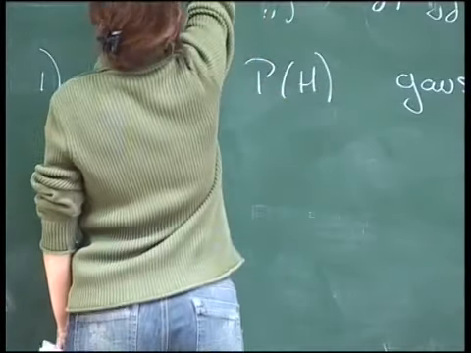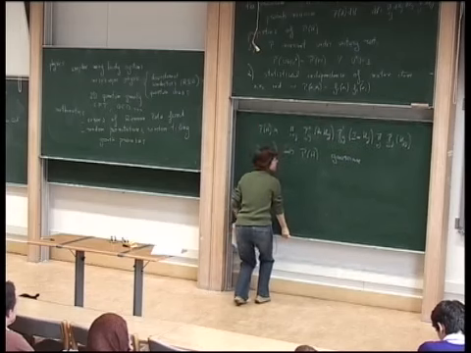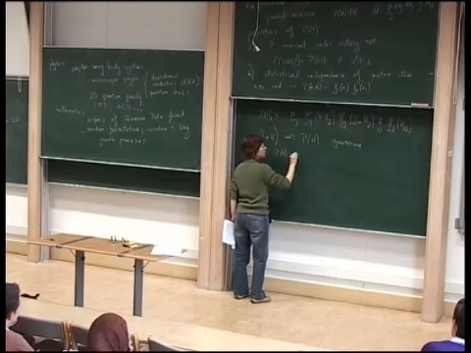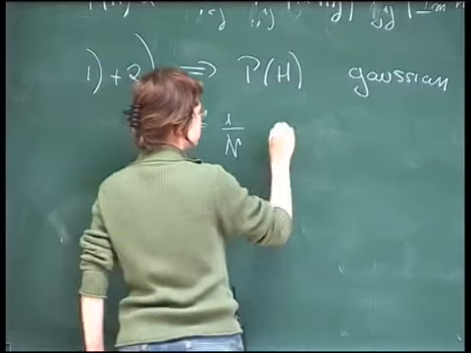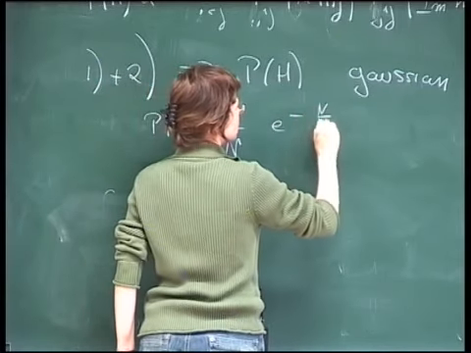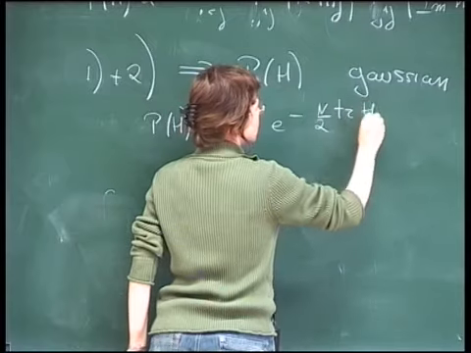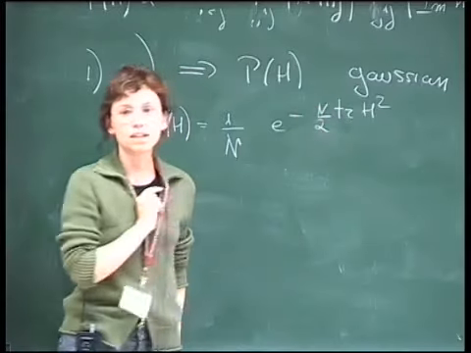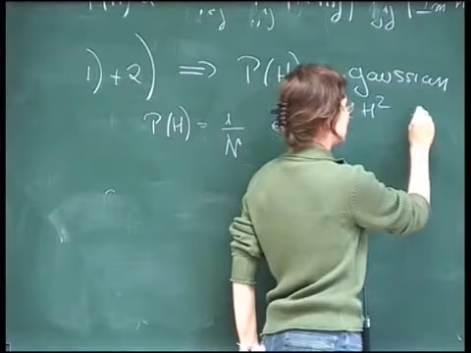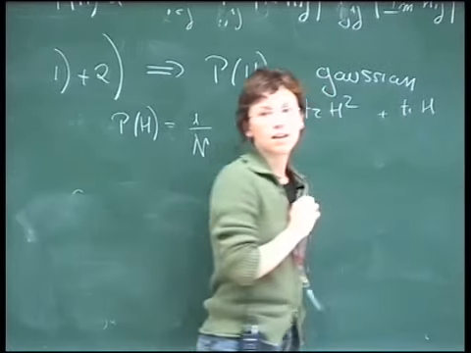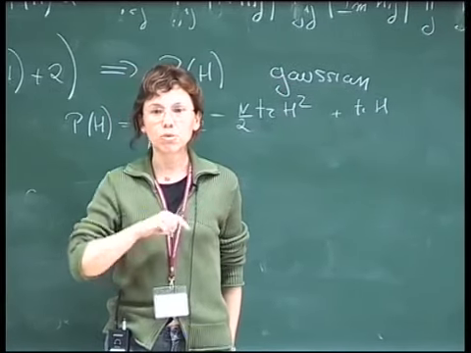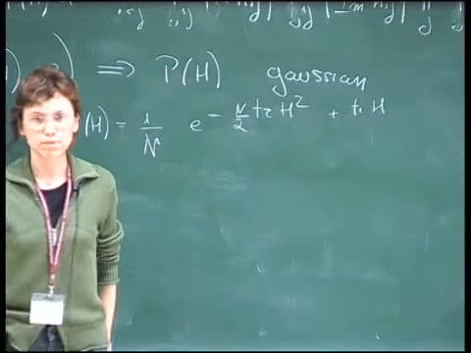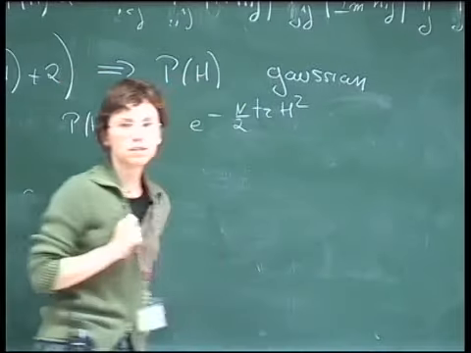That means that P of H is equal, up to a normalization factor, to e to the minus n over 2 trace of H squared. Here I can choose a different constant, and I could add a linear piece and a constant. But I can always put them back in this expression by some translation. So I just consider this.